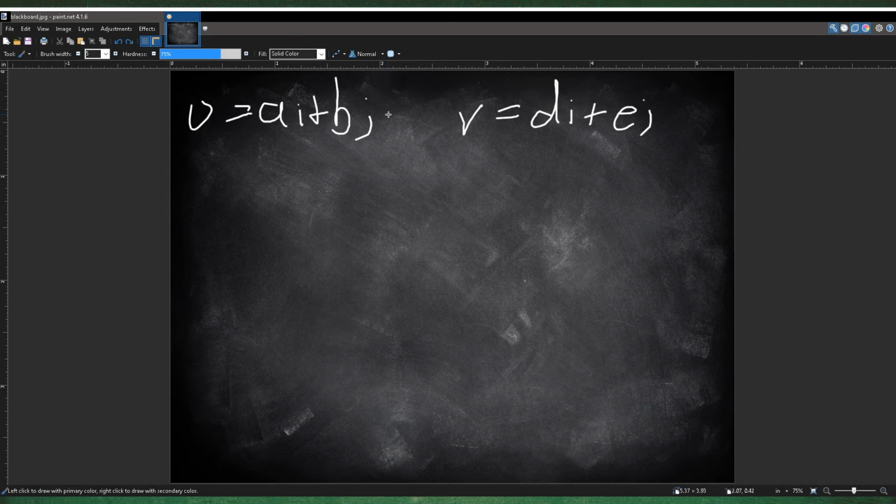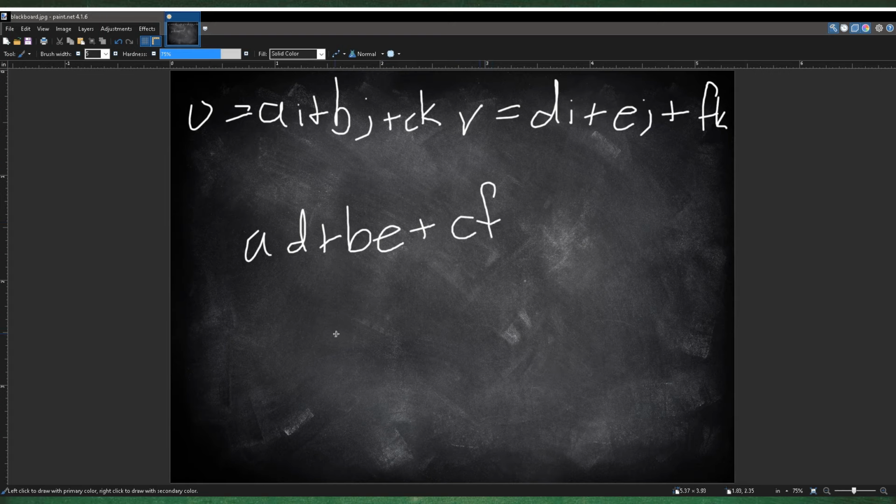Now it's the same concept. You have to add ck and fk. So now it's just ad plus be plus cf, right? So you multiply the x's, multiply the y's, multiply the z's, and you add them together. And you basically have the dot product for 3D vectors.